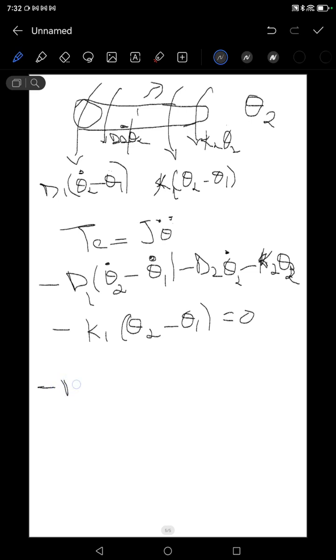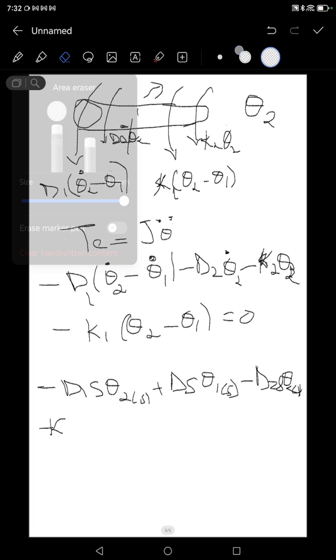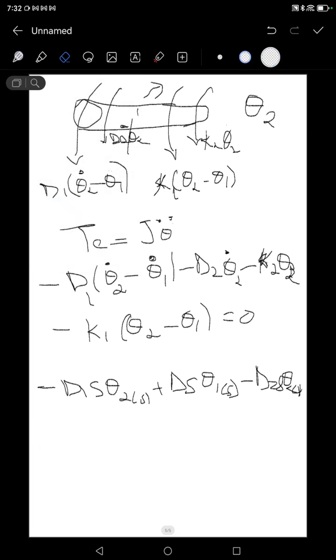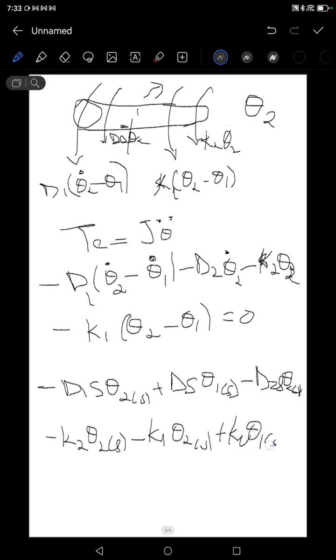So we're going to have negative D1 s theta 2 of s, plus D1 s theta 1 of s. Then minus D2 s theta 2 of s, and then minus K2 theta 2 of s, then minus K1 theta 2 of s plus K1 theta 1 of s is equal to 0.